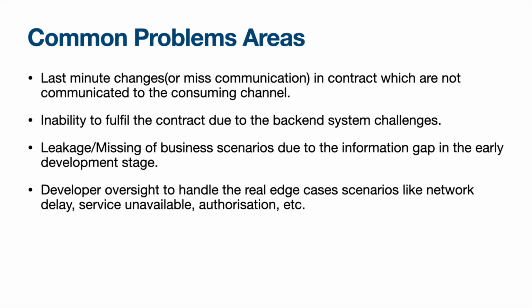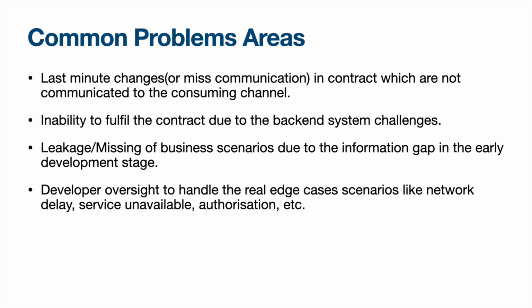For example, the downstream system that the backend is connecting to doesn't have the data to fulfill the contract. This would mean that there is no way in which the backend can fulfill the contract. Therefore, the team should discuss and find an alternative in this scenario.